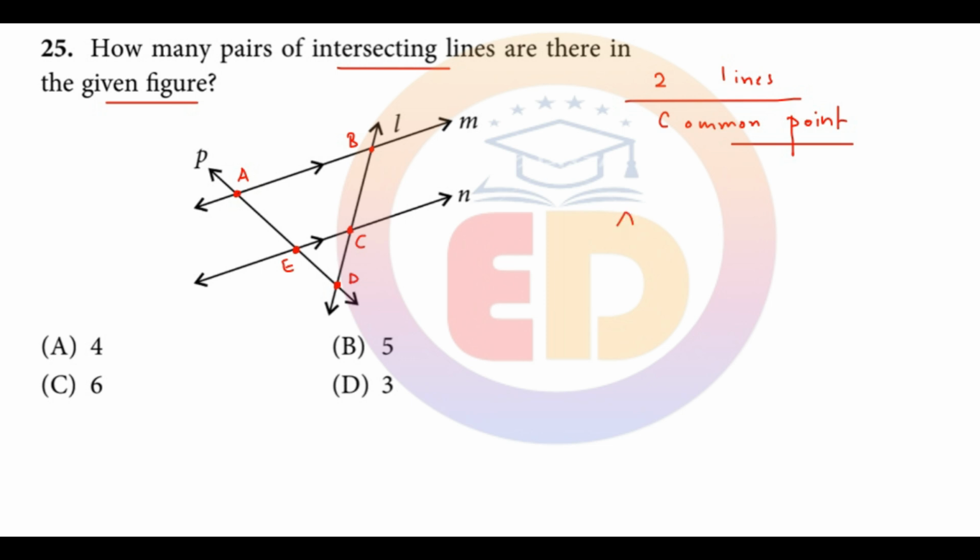At point A, the two lines which are intersecting are line P and line M. So this is the first pair of intersecting lines.